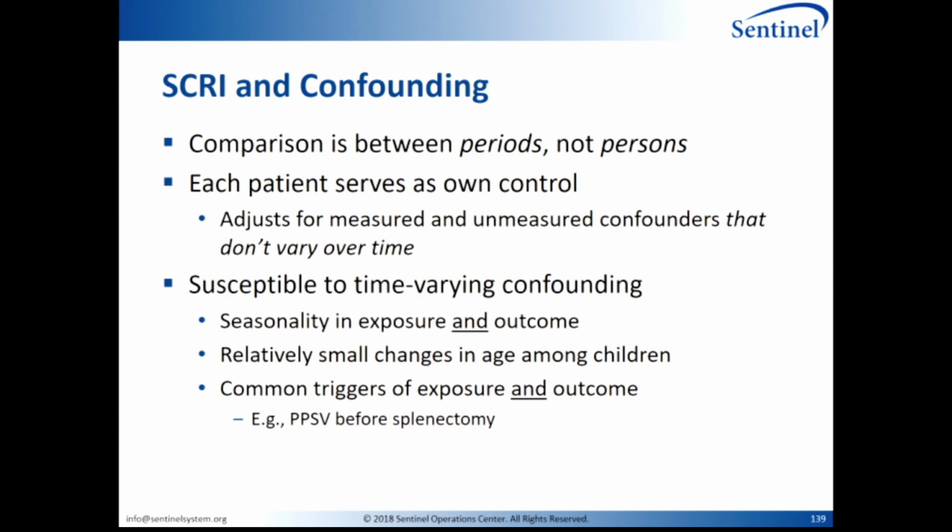And so it's really crucial here to just understand the clinical medicine that's going on around the time of exposure, and making sure that there aren't things that are being administered to patients immediately before or after that could influence the occurrence of the outcome.